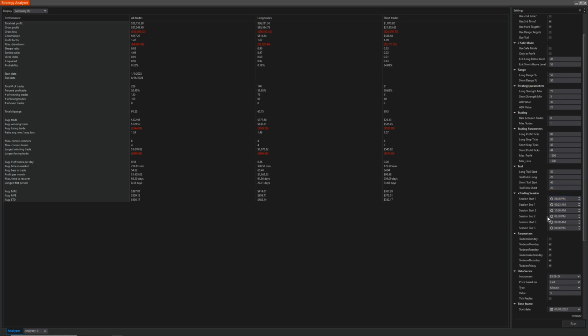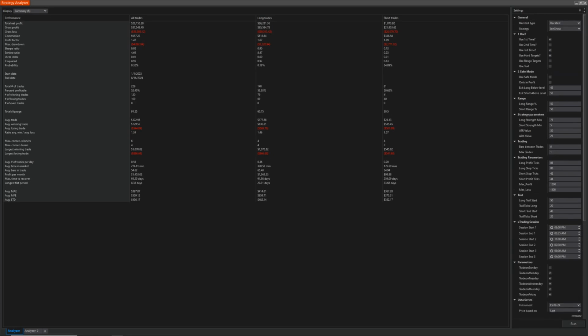So it has the trading sessions, it has the three different time frames, it has the different days of the week, it has the trail to target, it has the daily max loss, daily max profit, it has the long and short ticks. The only thing it doesn't have is the strategy parameters, right? So if you guys want to add the stuff that I have here to your algos, you can go do that.